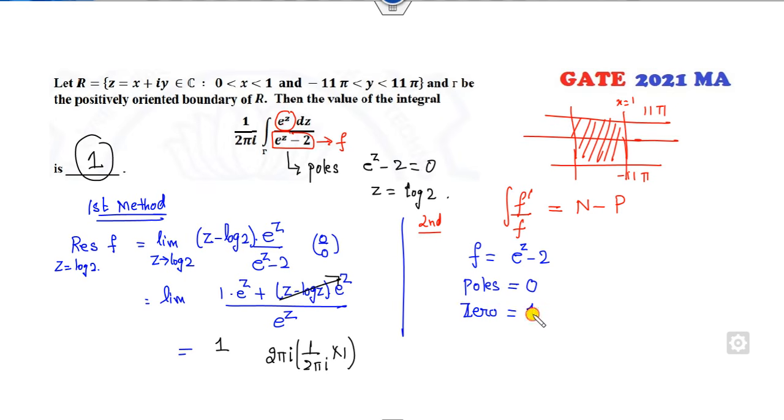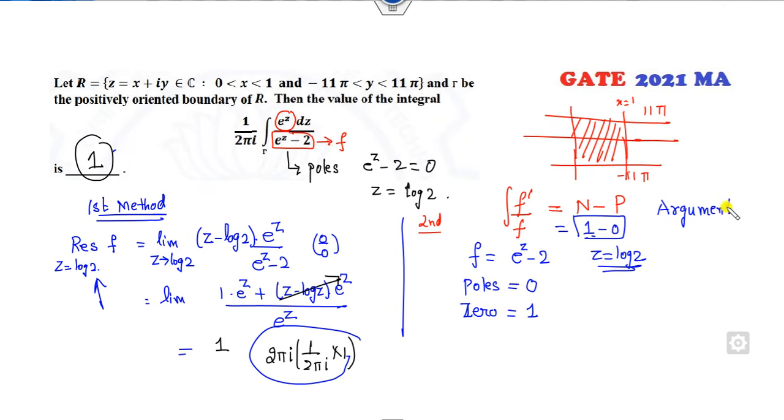How many zeros is only 1 when z is equal to log of 2. So it's a 1. So 1 minus 0 is the here. So what is the right answer? Already 1 by 2 pi iota is written. So again 1 by 2 pi 1 is the right answer. Either you can find by using the residue. If you find it's by using the argument principle, again it's an easy target, you can solve it easy. So that's on your choice.